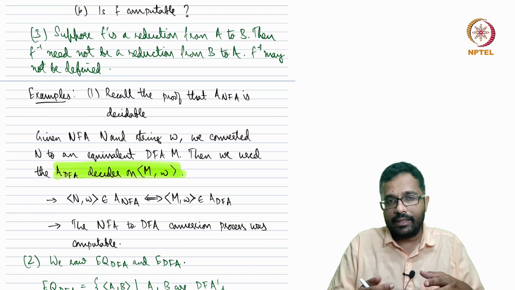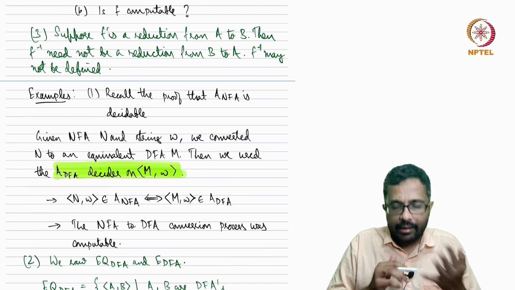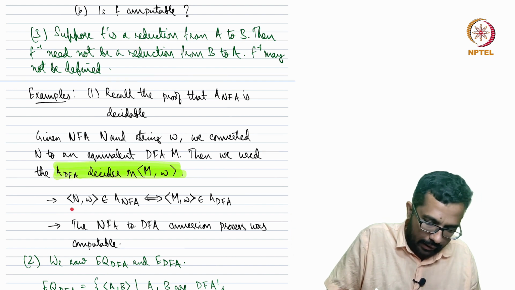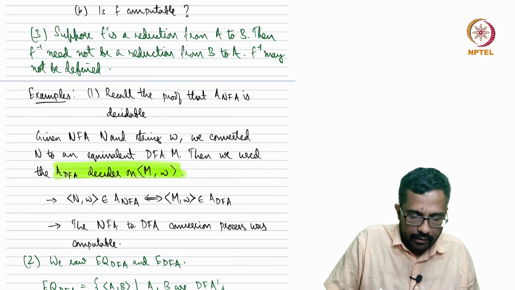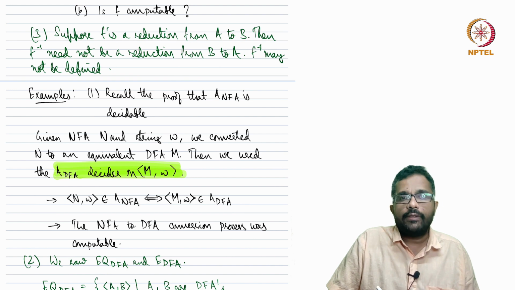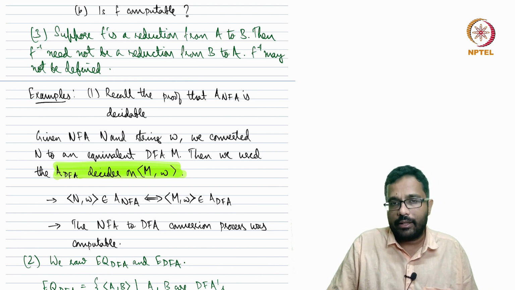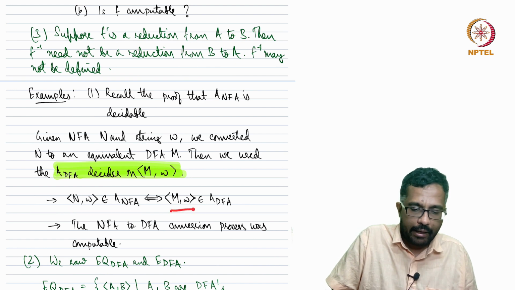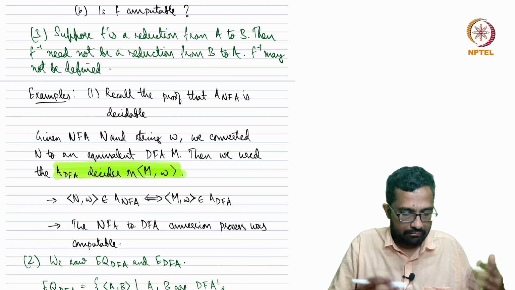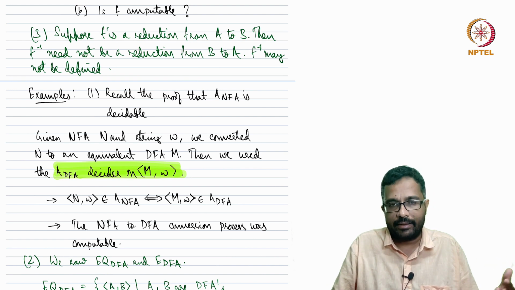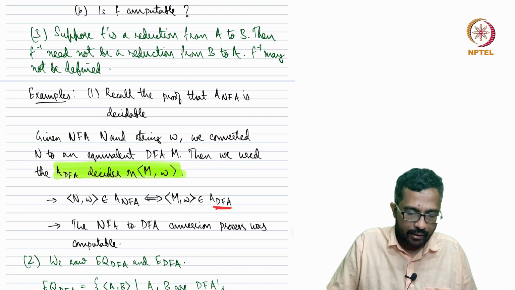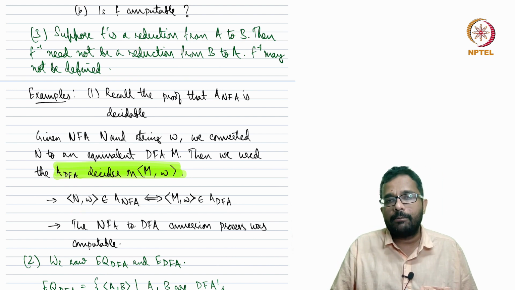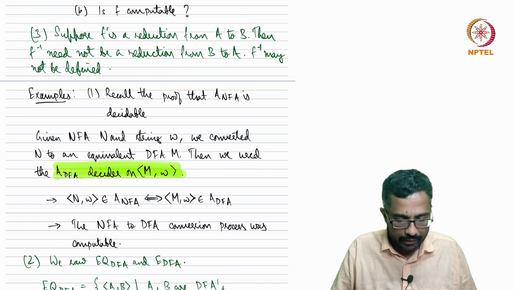We need to construct the equivalent DFA and then run the A_DFA decider. In other words, <N, W> is in A_NFA if and only if <M, W> is in A_DFA, because A_NFA is just asking whether N accepts W, and similarly for A_DFA.